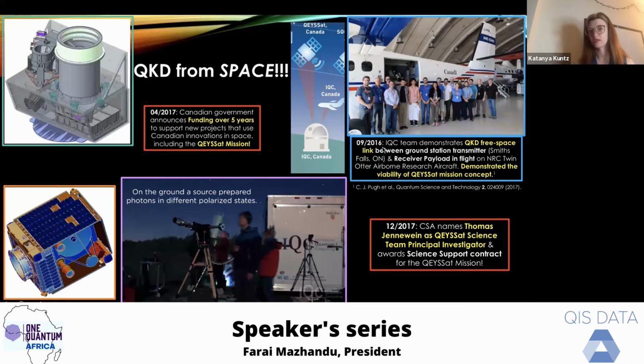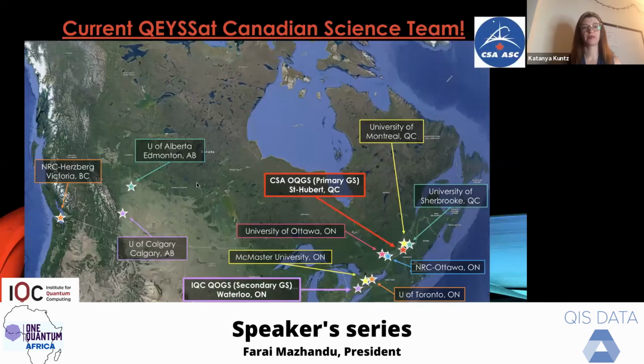And then, as I said, in 2016 that was when the link was demonstrated with the ground at Smith Falls in Ontario. And then in late 2017, that's when the Keysight mission was really starting to go ahead, and Thomas Jennewein was named the Keysight PI.